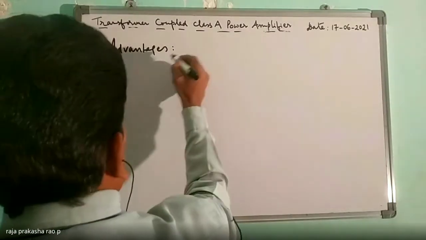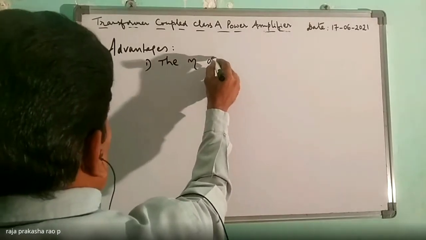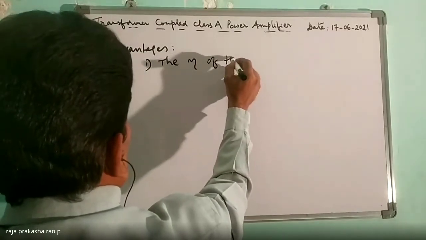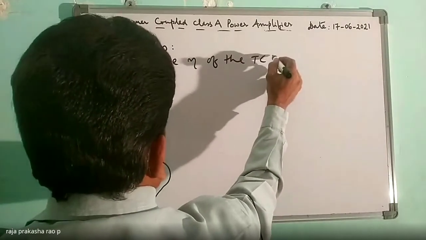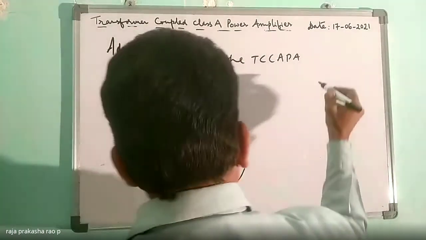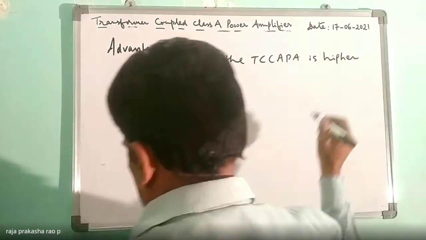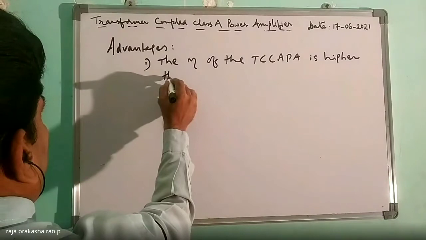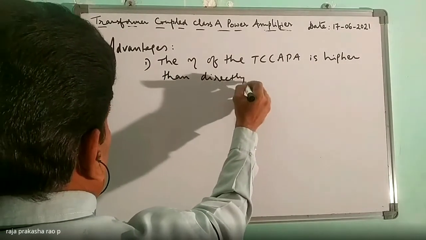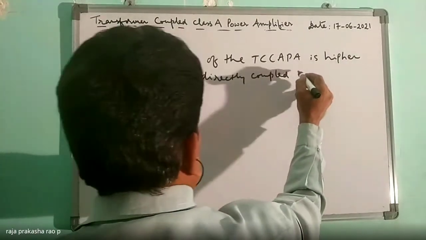So the first point is the efficiency. The efficiency of the transformer coupled class A power amplifier is higher than the directly coupled power amplifier.